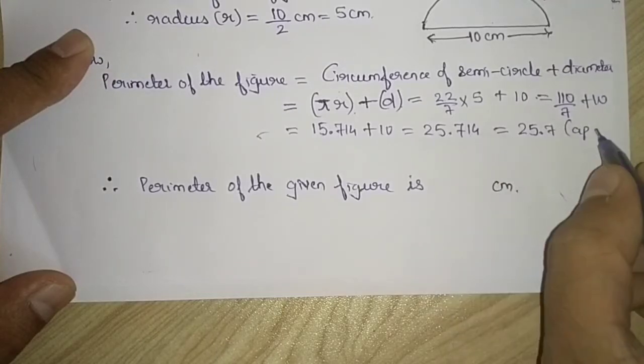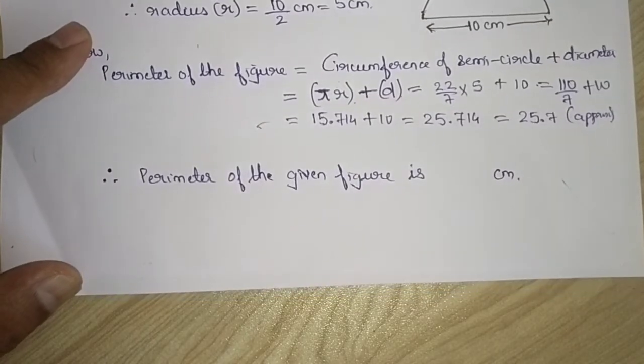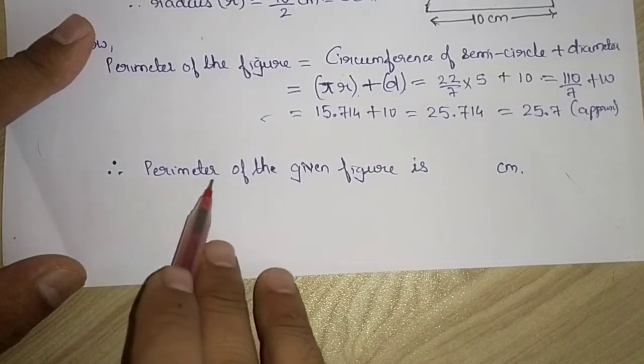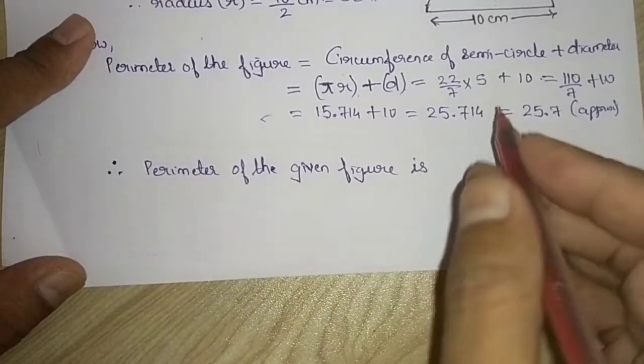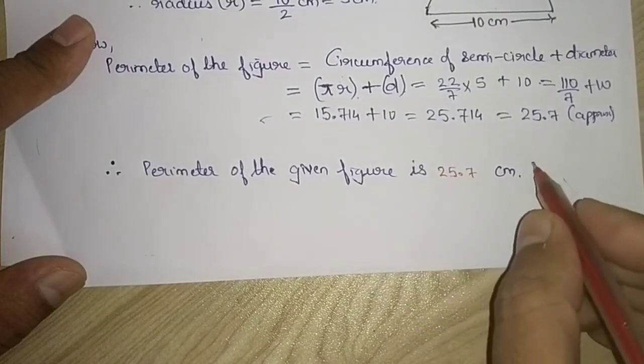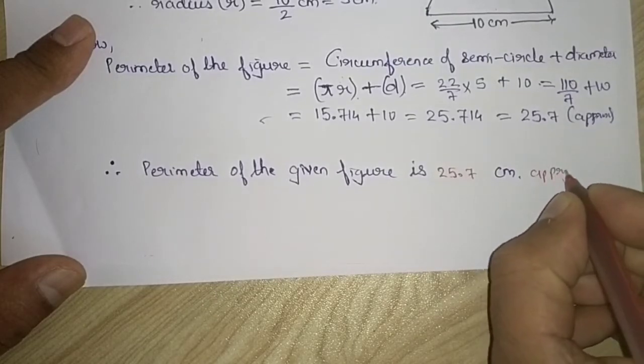Since I have removed 14, I will write the approximate value. Therefore the perimeter of the given figure is 25.7 centimeter approx.